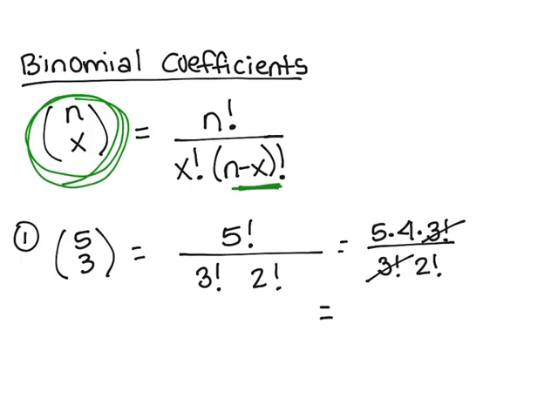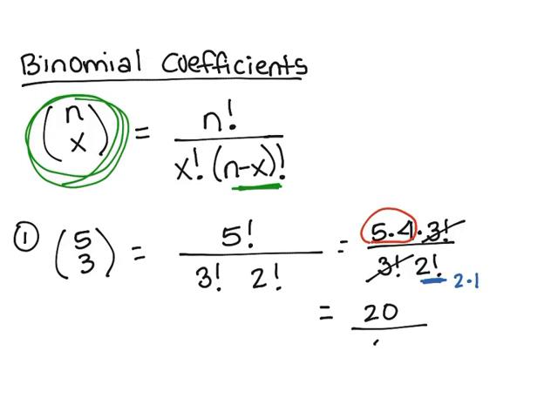That leaves me with just multiplying 5 times 4 on top, which is 20, over 2 factorial. That's technically 2 times 1. 2 factorial won't make a difference because the next number behind it is 1, so 2 factorial is the same as dividing by 2.